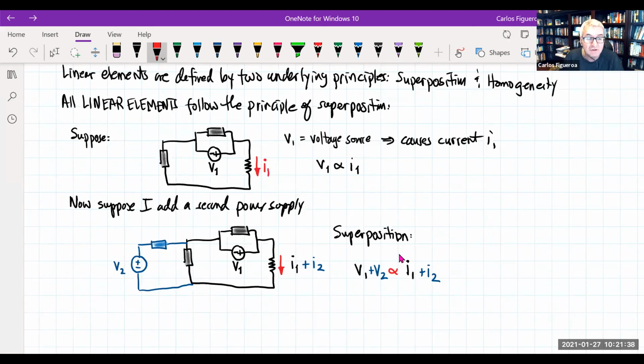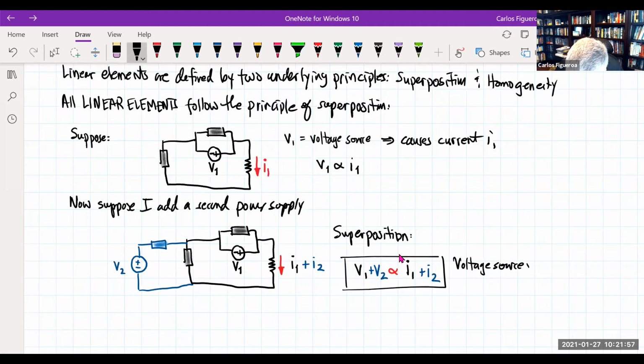These two voltage sources are going to produce a current directly proportional to these voltage sources. The fact that they scale this way implies that the voltage source is a linear element.